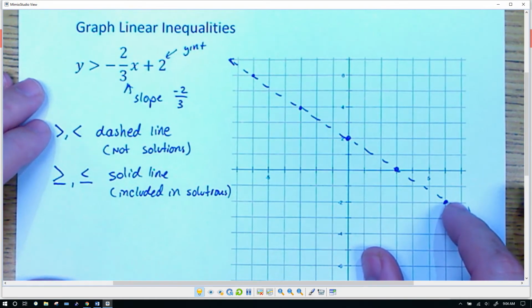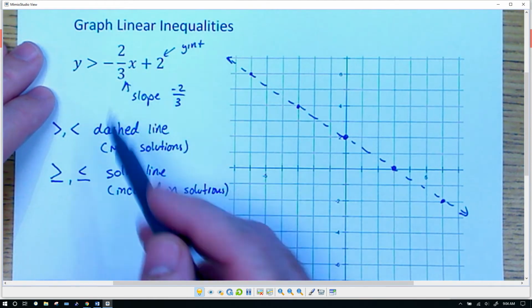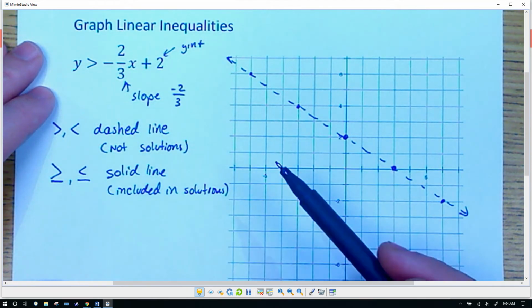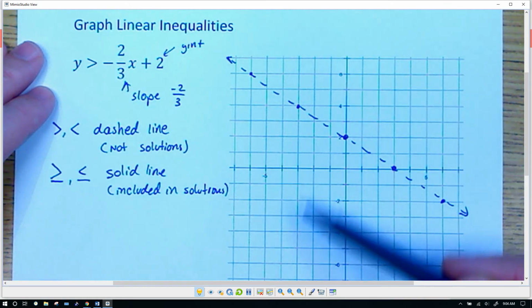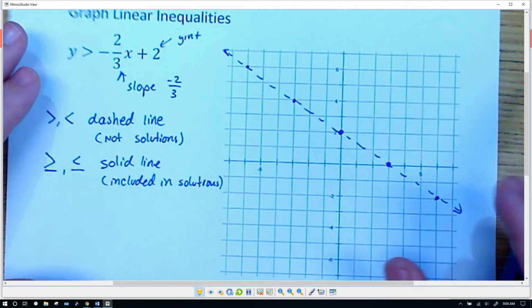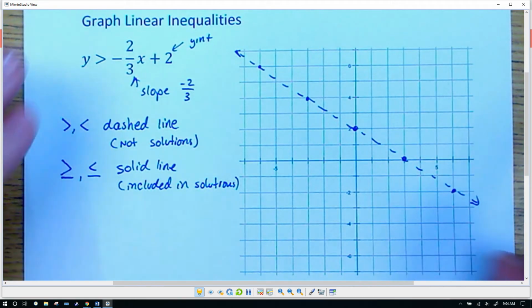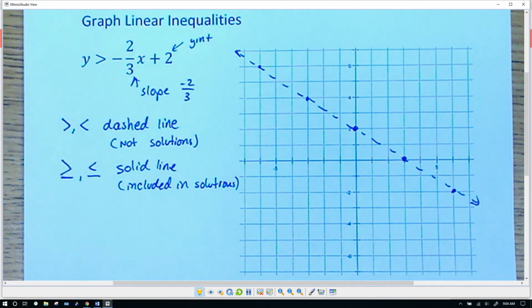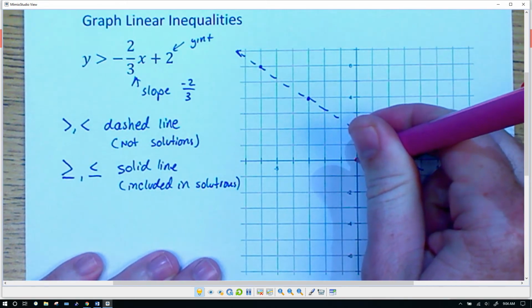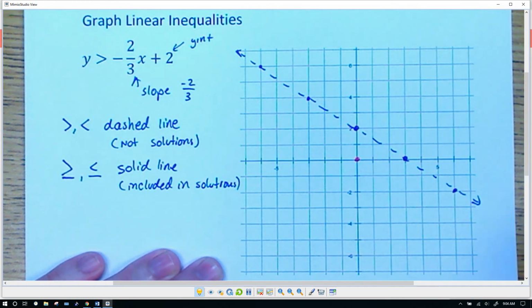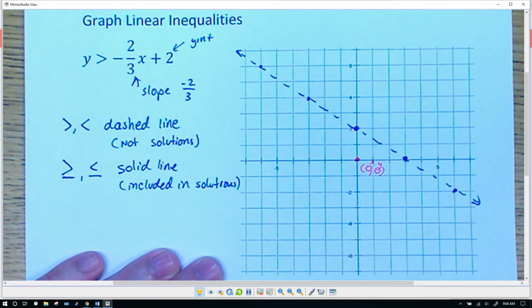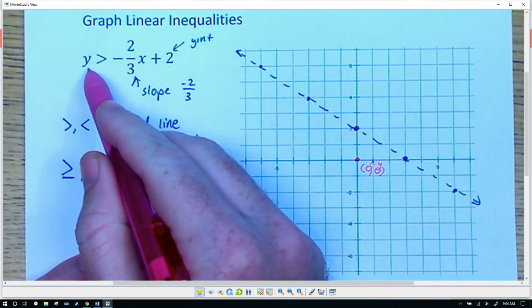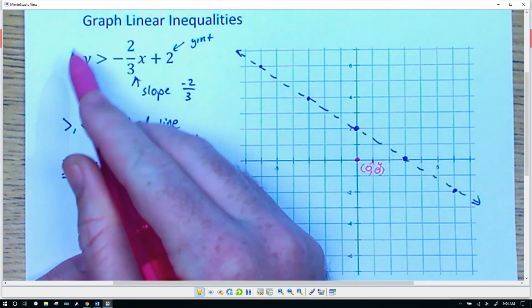Now, we still need to shade. Whenever you're graphing linear inequalities, you need to shade where your solutions are located. So we have to decide whether we're going to shade above our line or below our line. The way to tell is you're going to pick a point that's not on your line. What I like to do is choose 0, 0. I'm going to plug that point in, 0 for x and 0 for y, and check to see if it's true.